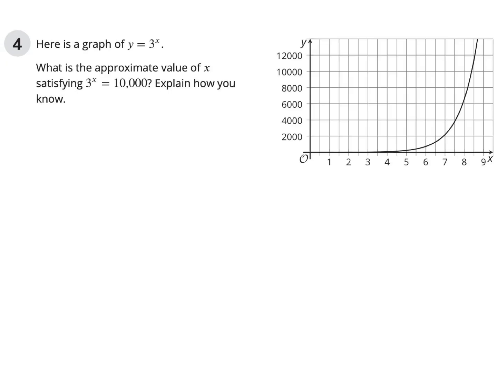Okay, so here's a graph of y equals 3 to the x. What is the approximate value of x satisfying 3 to the x equals 10,000? Basically, we're going to go over from 10,000 straight over, and come straight down.